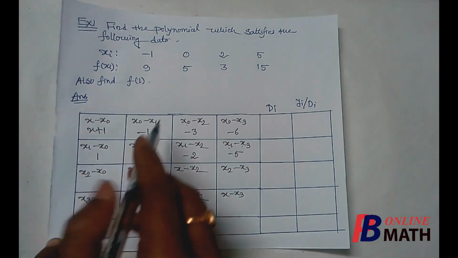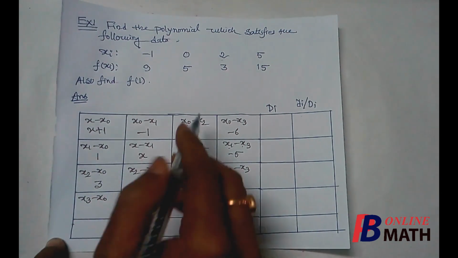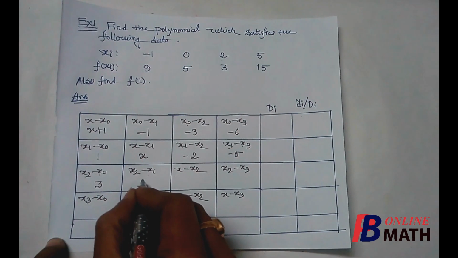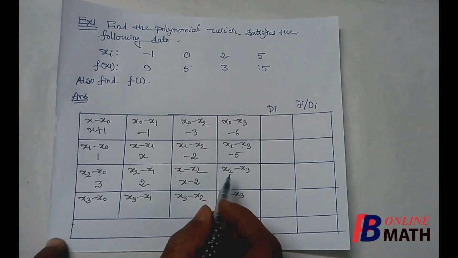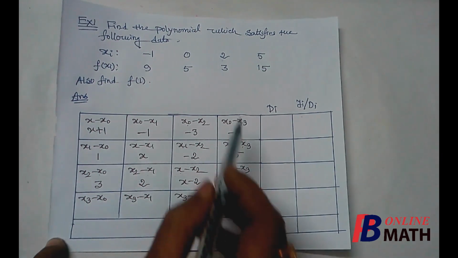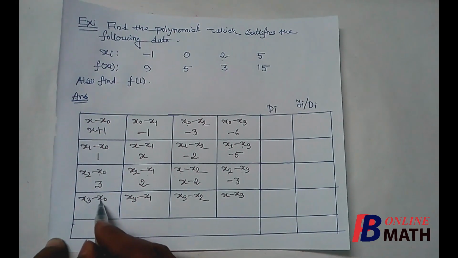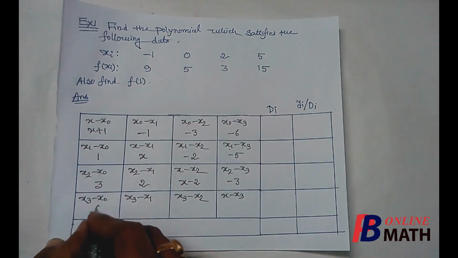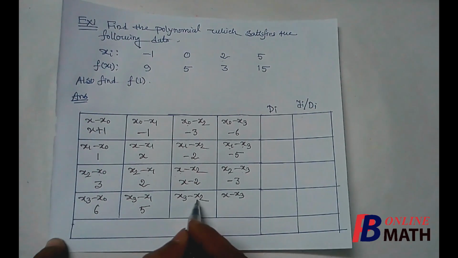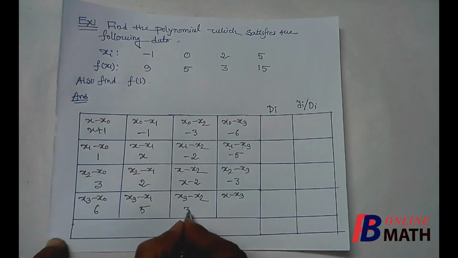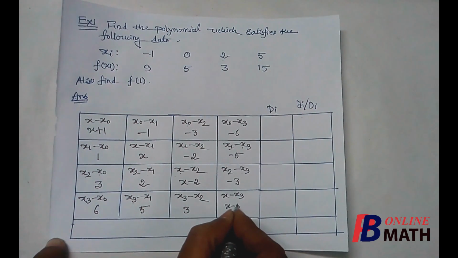Third row, x2 minus x0 is 3, x2 minus x1 is 2, x minus x2, so it is x minus 2, and x2 minus x3 is minus 3. And in the final row, x3 minus x0 is 6, x3 minus x1 is 5, x3 minus x2 is 3, and finally x minus x3, x3 is 5, so it is x minus 5.